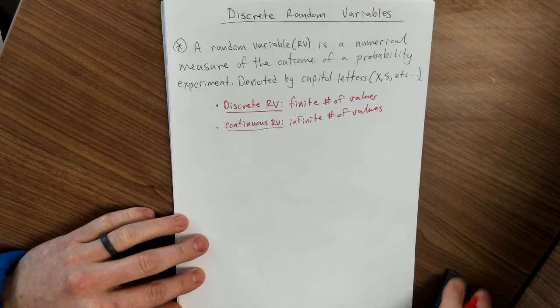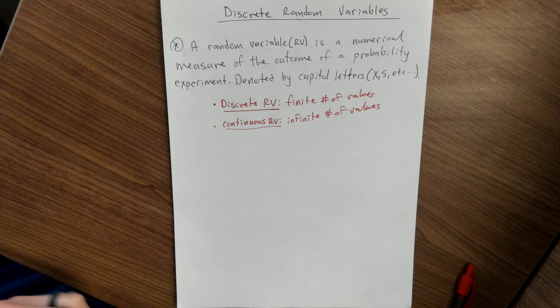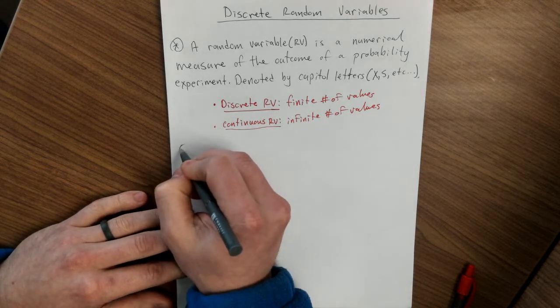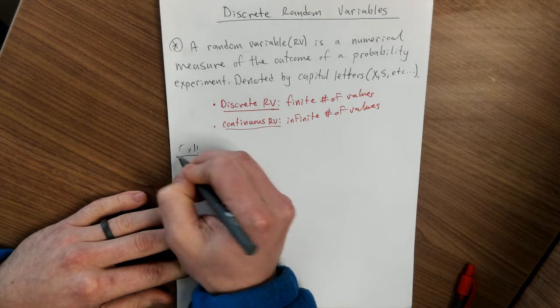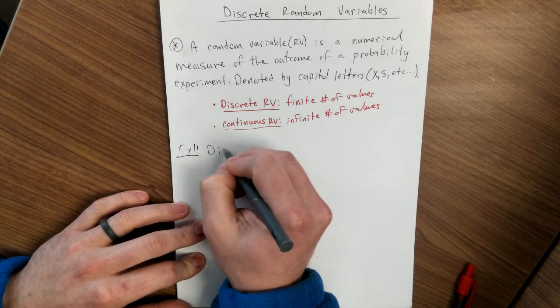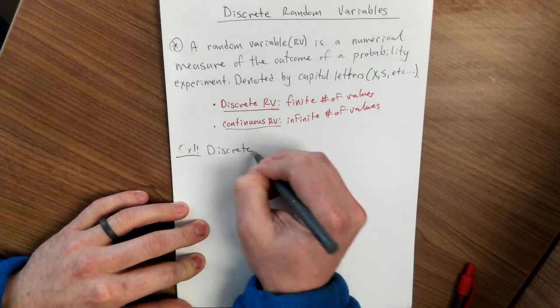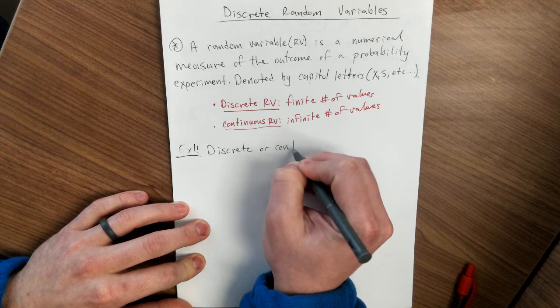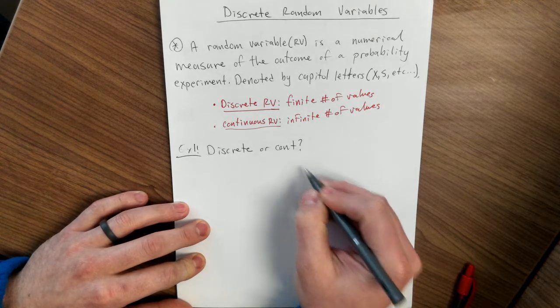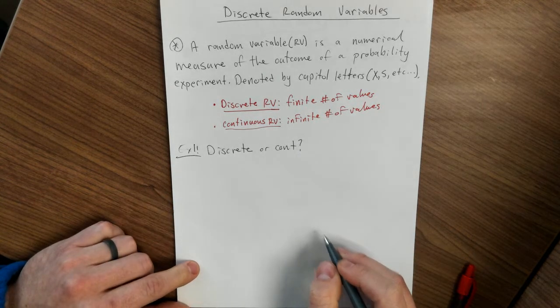So just as a quick example, let's try these two out. Example 1. And I'm just going to say discrete or continuous. I'm going to abbreviate continuous here as CONT.